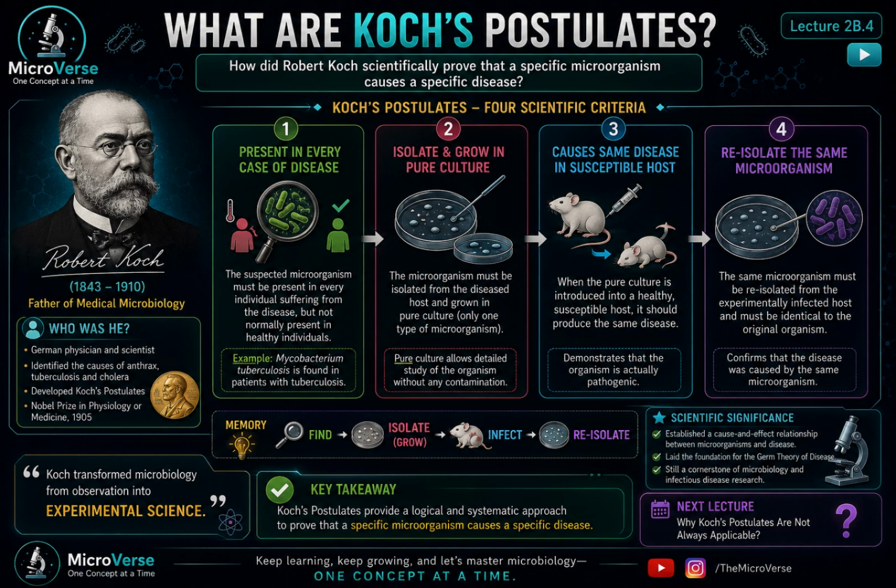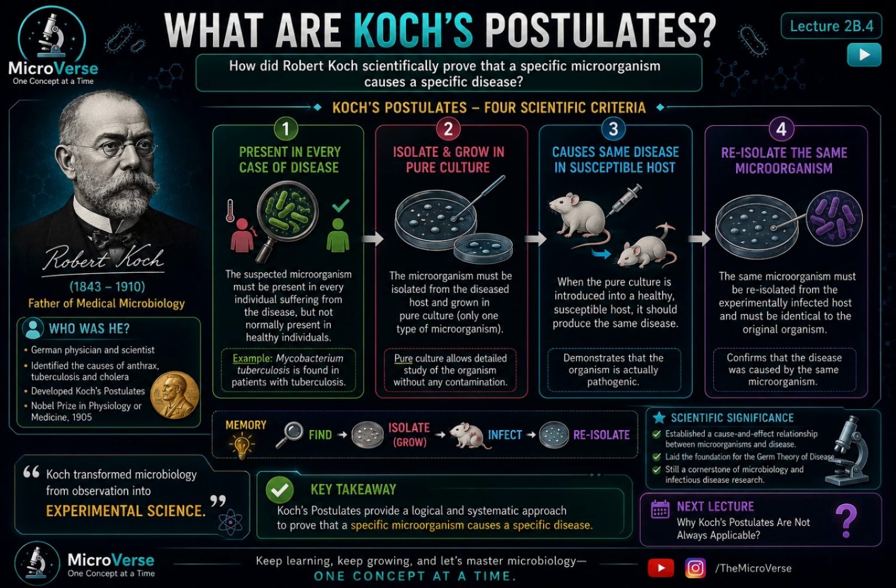These postulates were published during the late 19th century and became the foundation of medical microbiology, infectious disease research, and diagnostic microbiology. Even today, although modified by modern molecular techniques, the logic behind Koch's postulates remains extremely important.